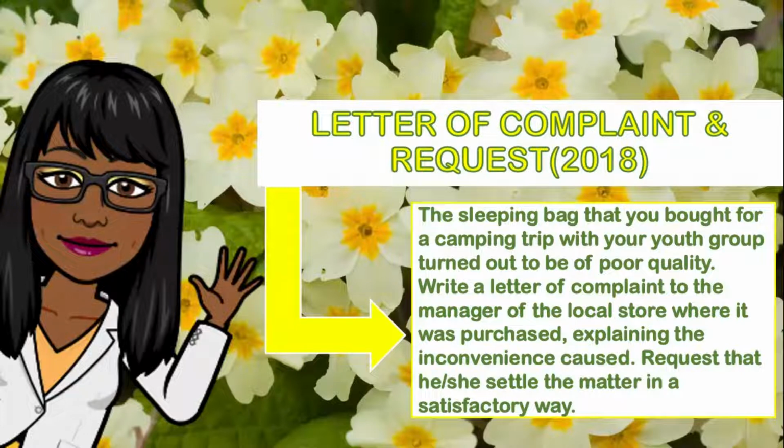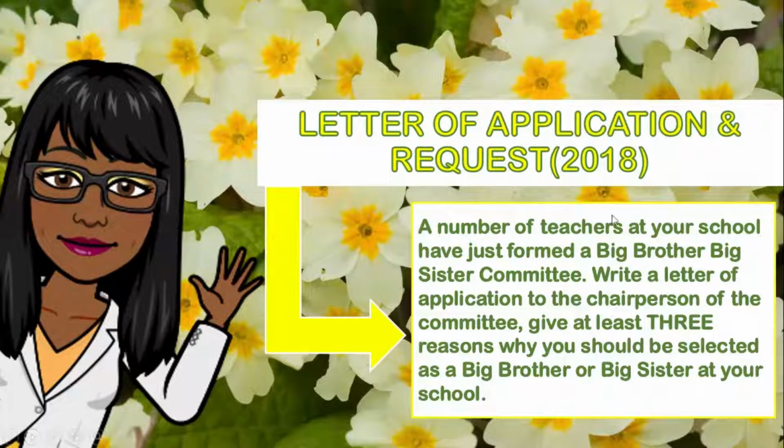So when you're writing your letter of complaint or request, it's not sufficient for you to say, I'd like my money back. As a part of compensation, you have to be very specific with that, okay? This now is the example of a letter of application and request prompt.